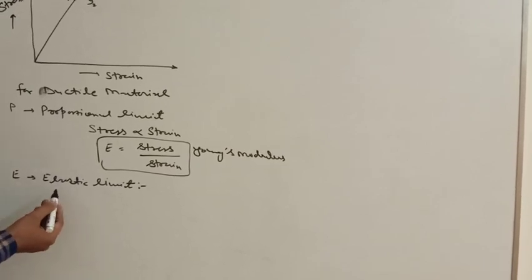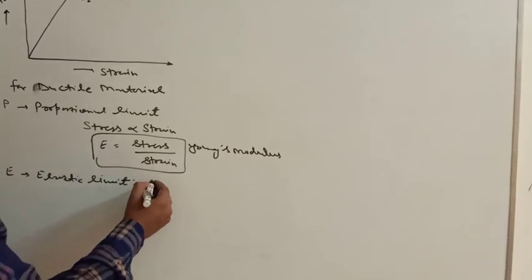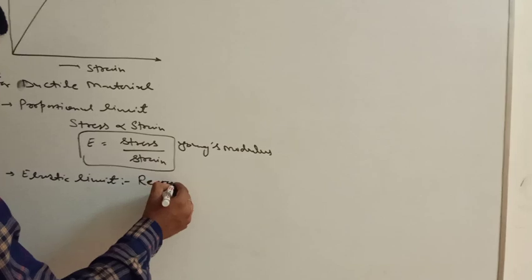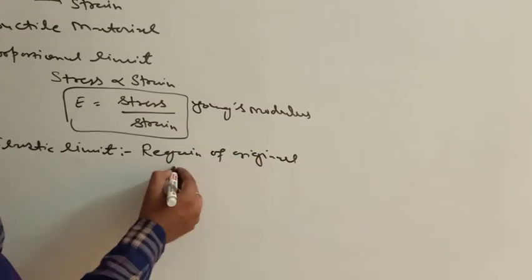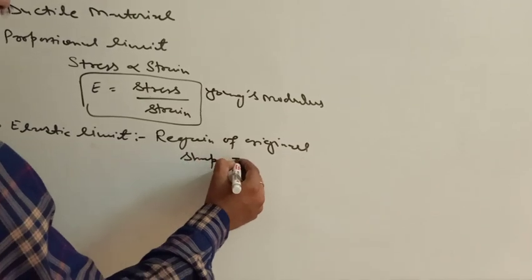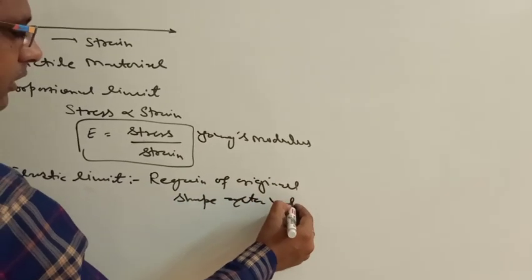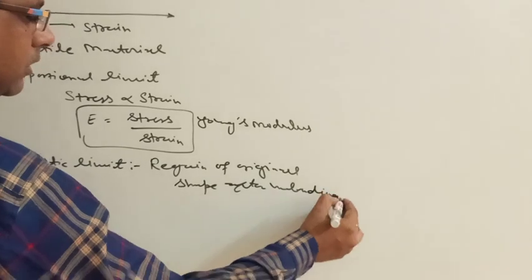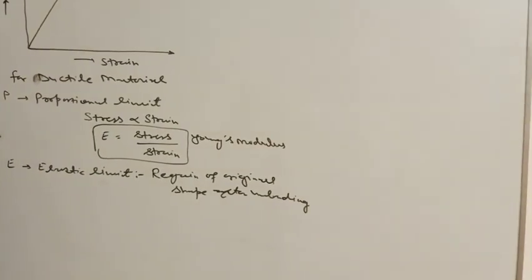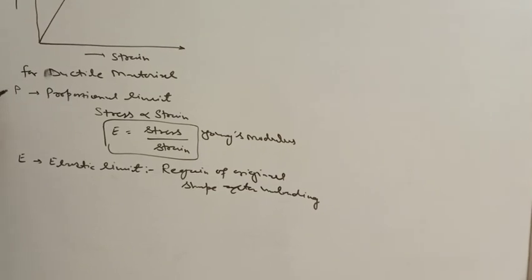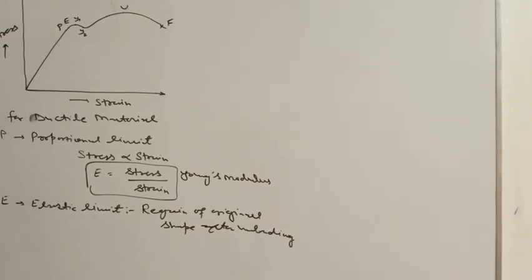Then we can say this limit is the elastic limit, due to the regaining of original shape after unloading. But practically, these limits are very close to each other. There is no difference in these two limits.